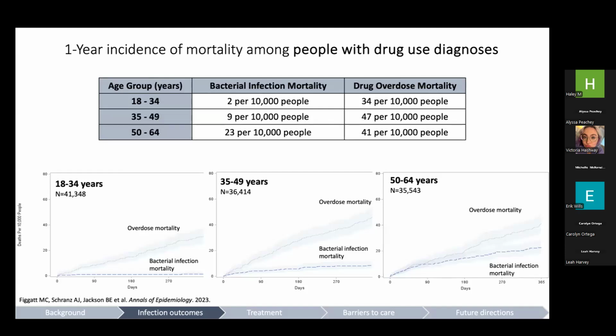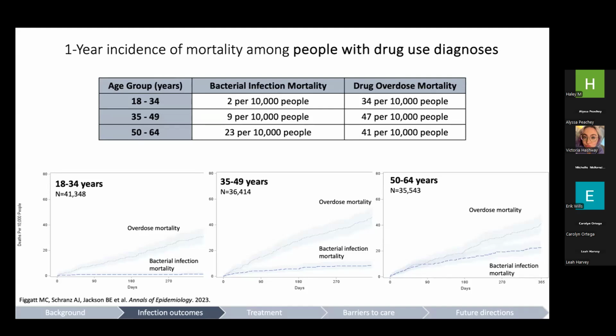So looking at the 1-year incidence of mortality among this larger cohort of people who first enter the healthcare system, looking at the first time that they had a drug use diagnosis, we looked at this by age group, specifically noting how much some of these trends can vary by age.